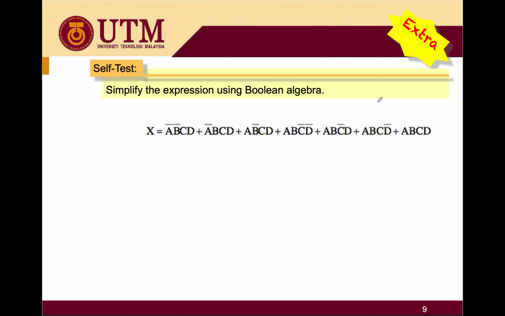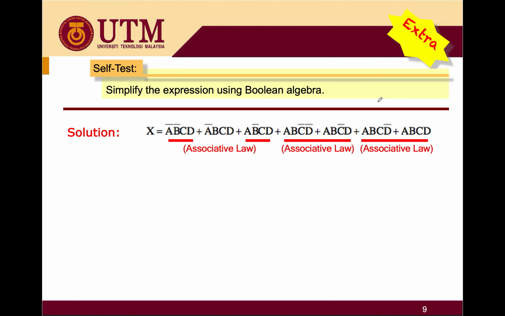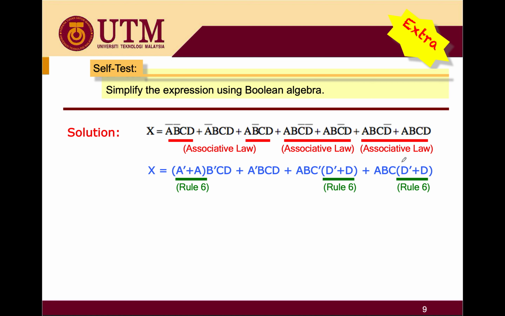Simplify the expressions using Boolean algebra. Over here you can see that this is the associative law, similar to this one. Please check back on the laws over here, and you can use the rules. This is how you are going to simplify and test your answer using Boolean algebra.